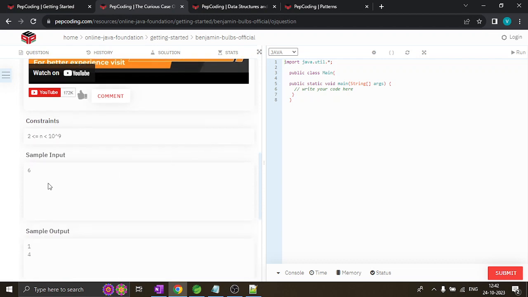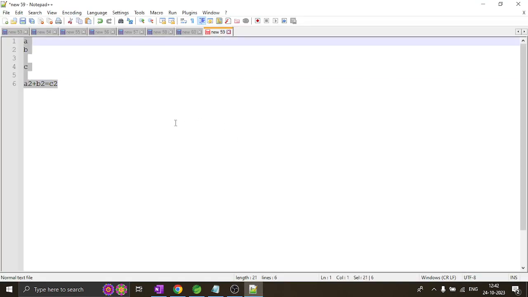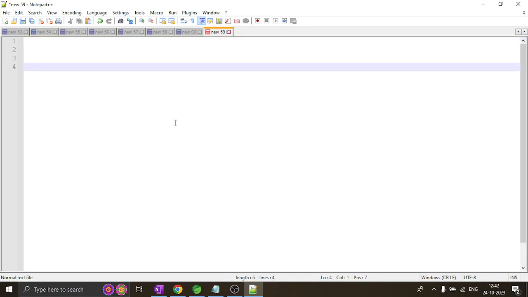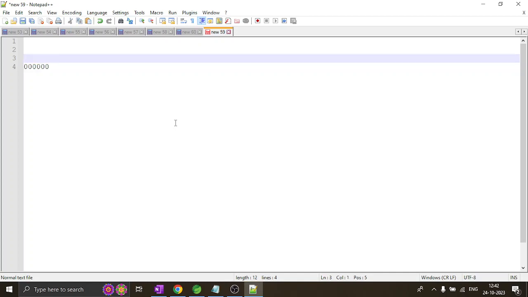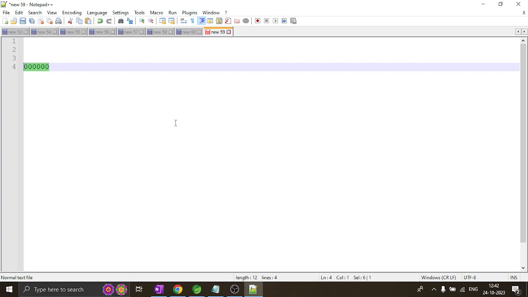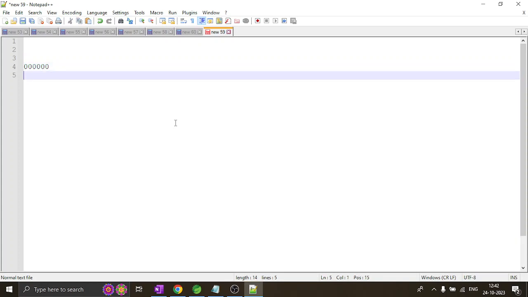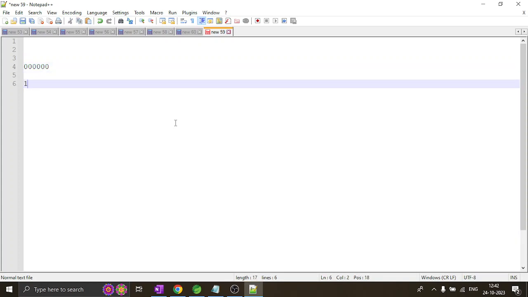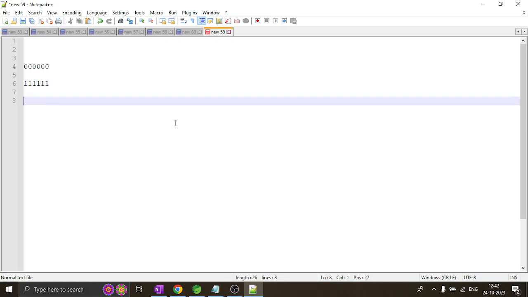Okay, so let's try to understand this problem. Let's say we have six bulbs. One, two, three, four, five, six. And what happens is when there is the first fluctuation, all the bulbs are on. After the second fluctuation, the second bulbs are toggled.